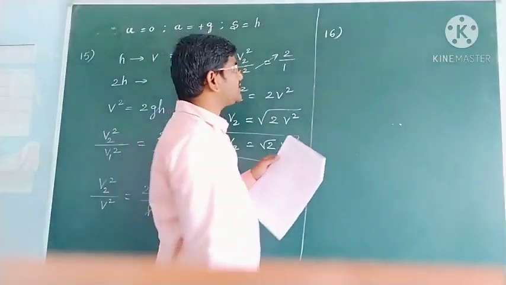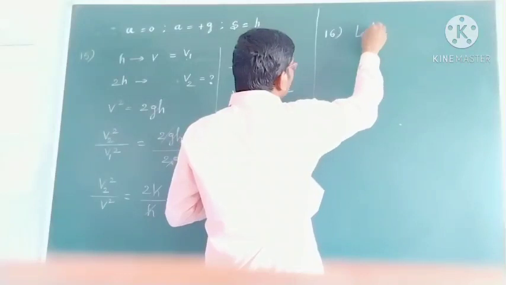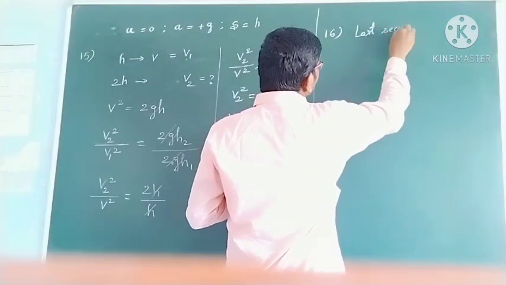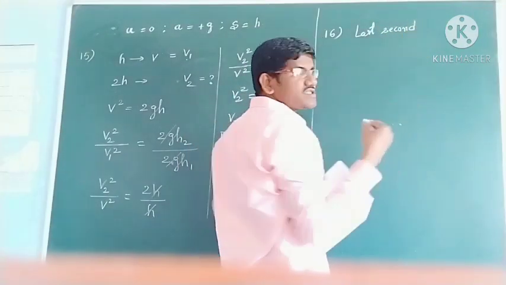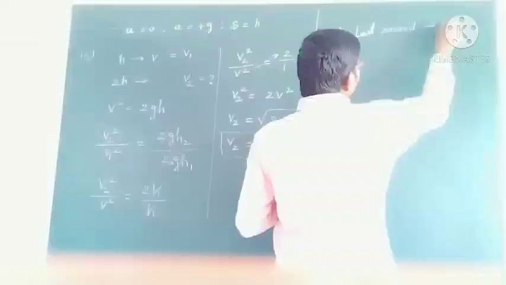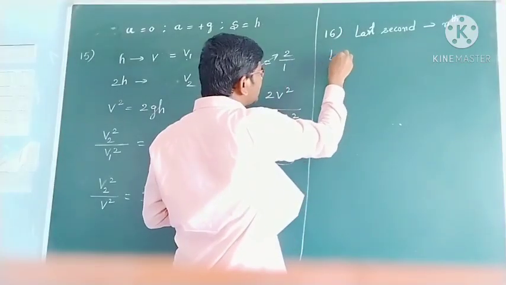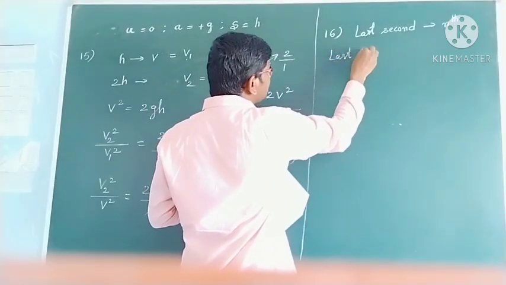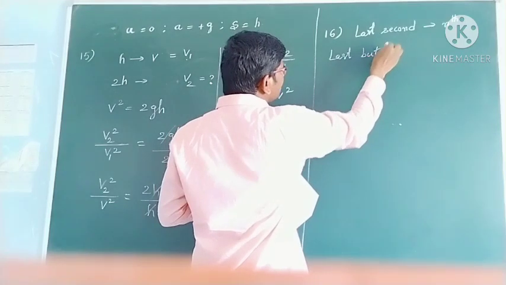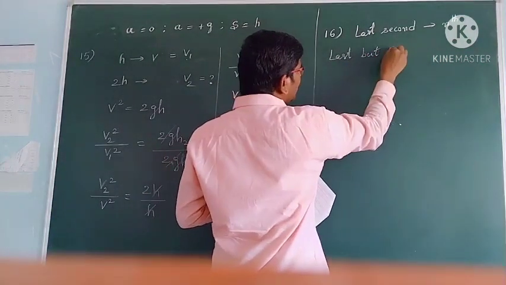So if the last second is nth second, so last second means totally n seconds. The last second means taking the nth second, then the last but 1 second, I want.